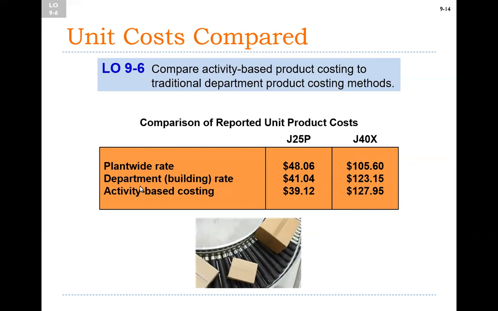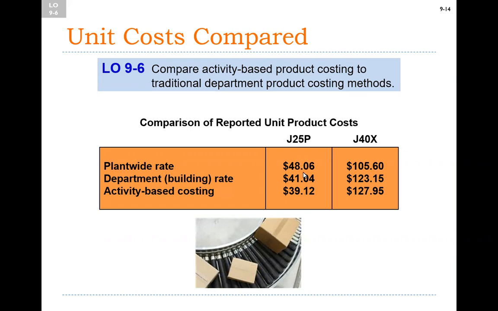In the middle here, we have a department rate. So what if we had different rates for the assembly department and for the packaging department? This is the unit product cost that we would have calculated. Now, I want to compare that to ABC costing, because ABC costing usually provides me with a better measure, because I have more rates, because I'm looking at all of the different activities associated with making my product.